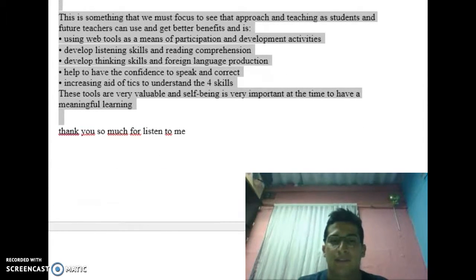These tools are very valuable and saving is very important at the time to have a meaningful learning.